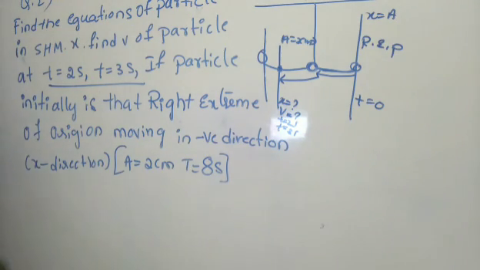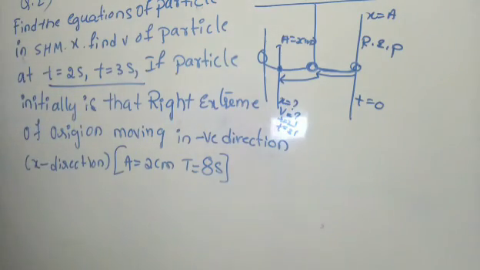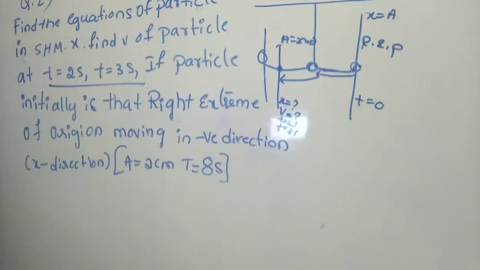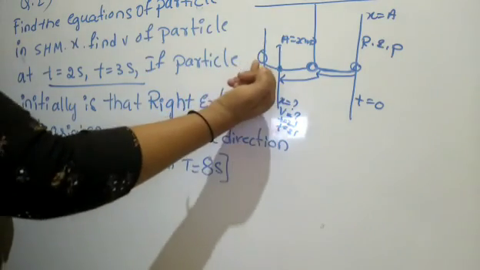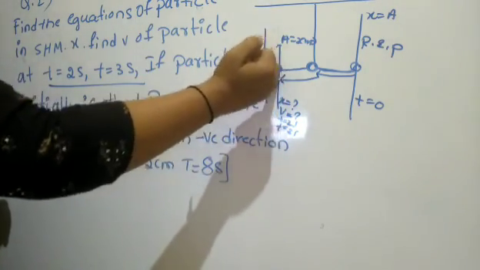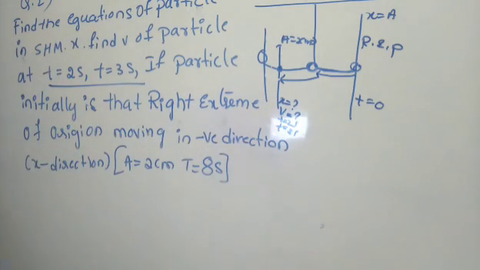It is not reaching the negative extreme position exactly; it is somewhat before reaching the negative extreme position. We need to find what the velocity will be at this position. That was the question given here.